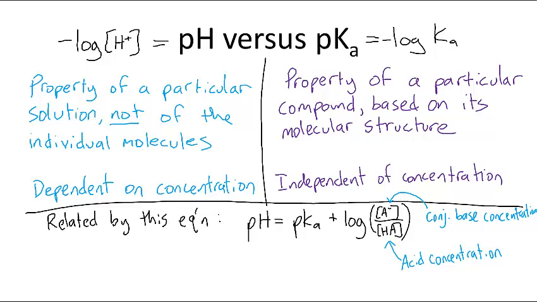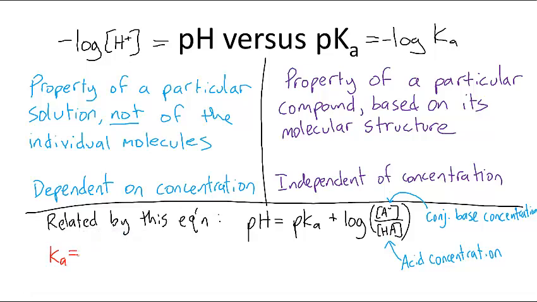So the question is, wait, this logarithmic form, can't we just say this equation in terms of concentration of H plus and in terms of Ka? And yeah, we definitely have done that already. So this equation here is not really a new equation. It's just the logarithmic form of the equation that we've already seen, which is the definition of Ka.